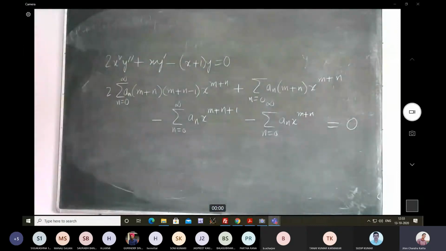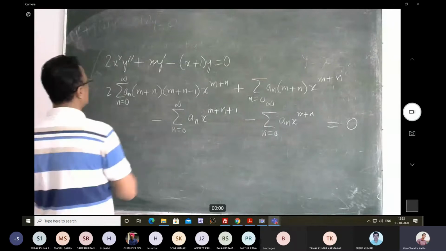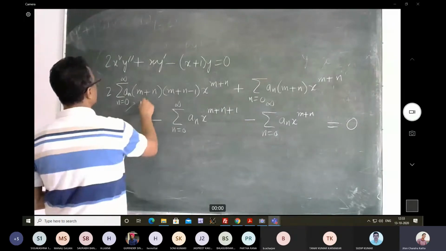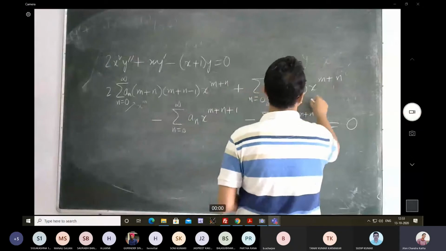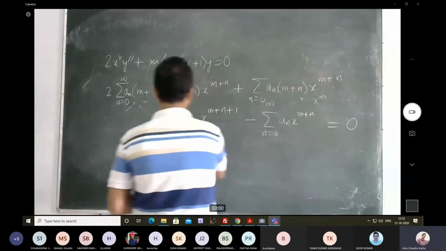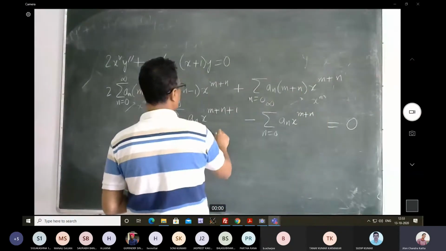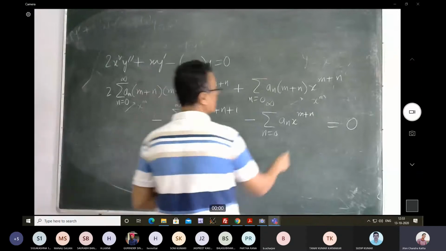Okay, fine. So again, what you have to see is the very first power of x in each of those series. Here you can see these start with x to the power m. These again start with x to the power m. But these start with x to the power m plus 1.